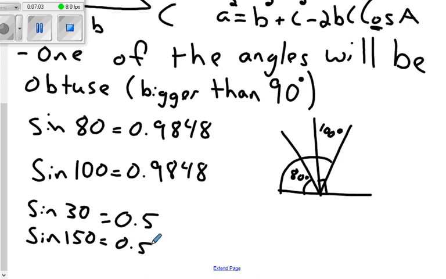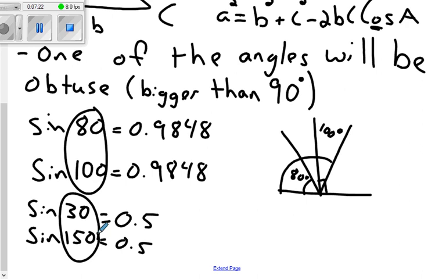Okay, so there's a pattern here that kind of repeats. If you look at the pattern, if you take these two numbers and add them up, what do you get? 180. If you look at these two numbers and add them up, 180.